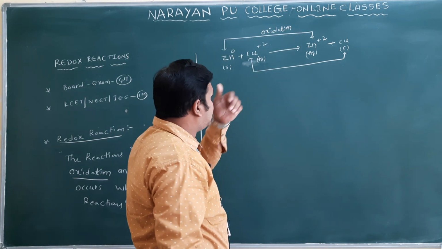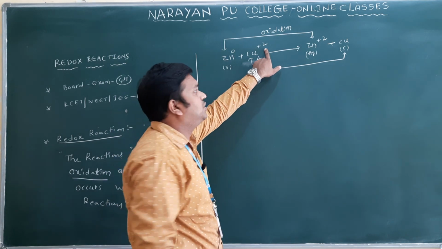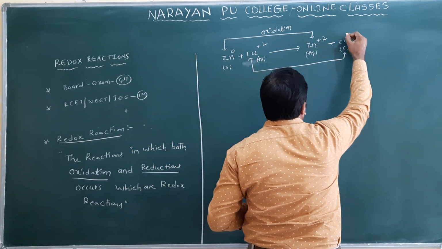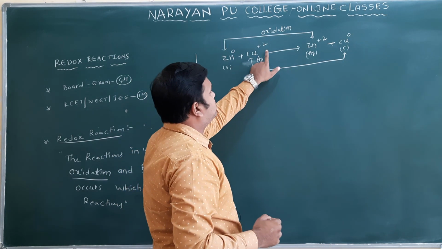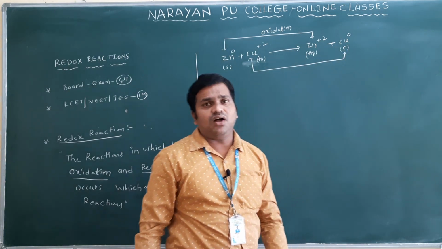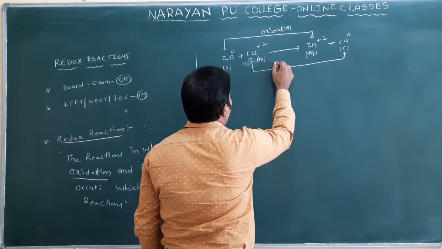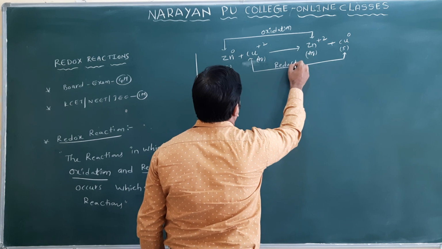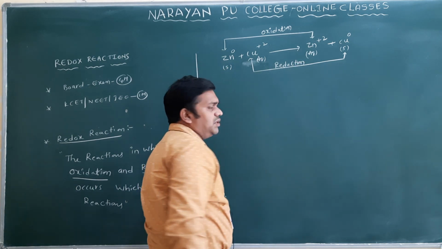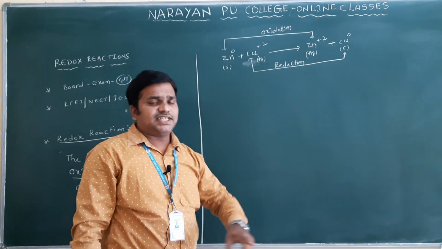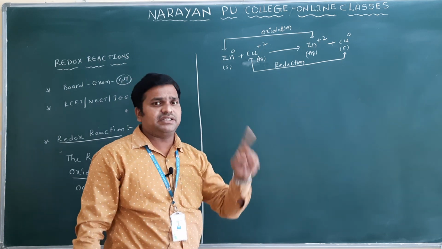And you can see Cu, what is the charge we have? Plus 2. And the copper charge here is 0. From plus 2 to 0, the oxidation number decreases. This is called reduction. So in this chemical reaction, oxidation takes place and reduction takes place.